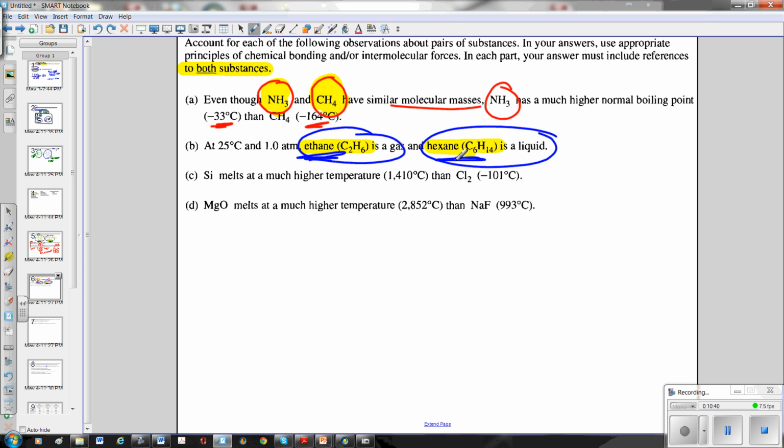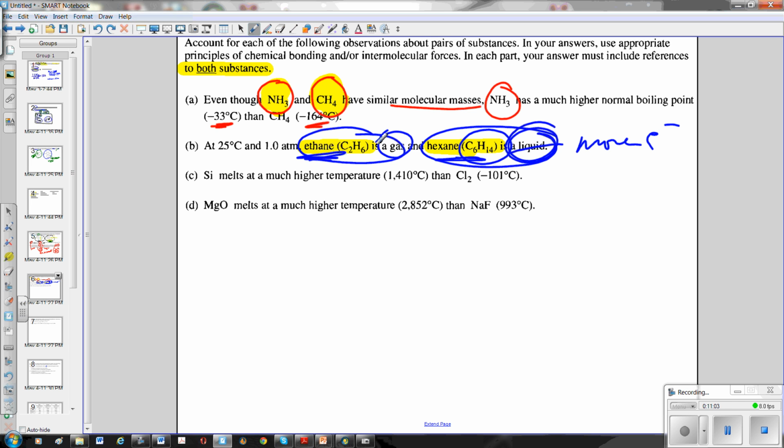Hexane has London. The difference is this one has more electrons. The fact that it has more electrons means that it's more polarizable. You could even talk about the fact that it's elongated also, because it's a 6-carbon chain. It has greater London forces, therefore we know liquids have greater intermolecular forces than gases.